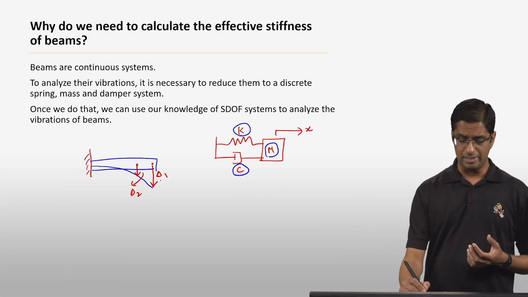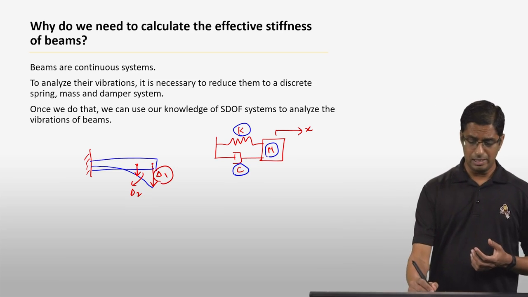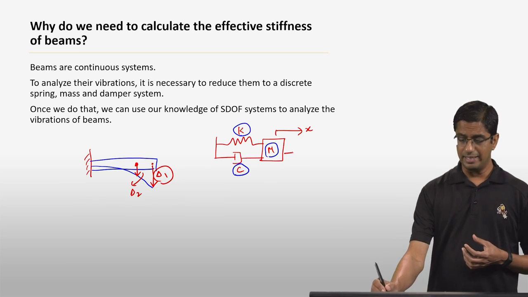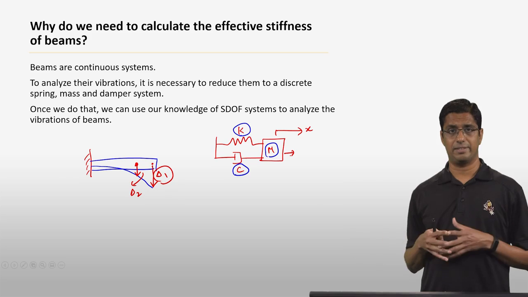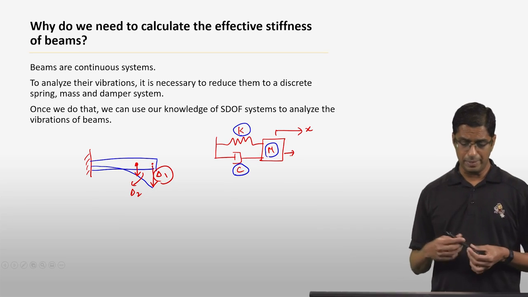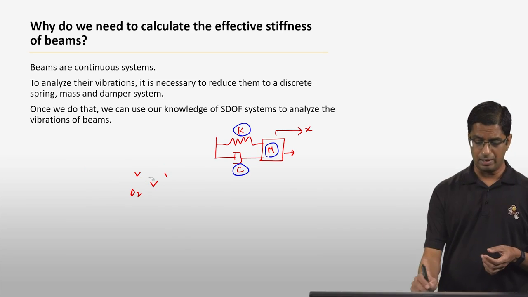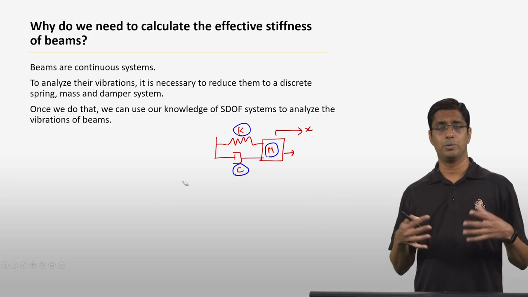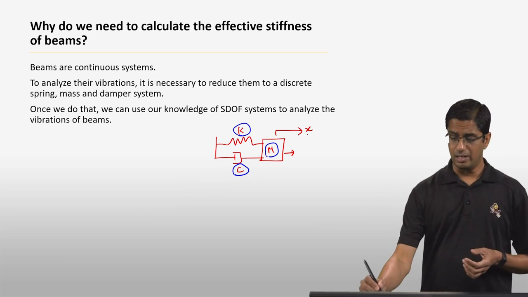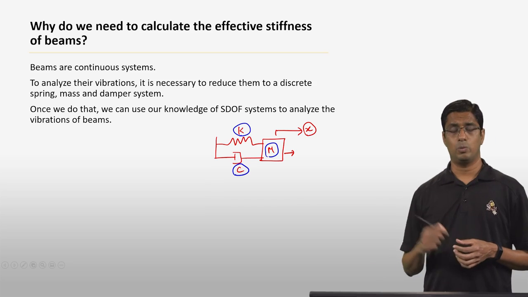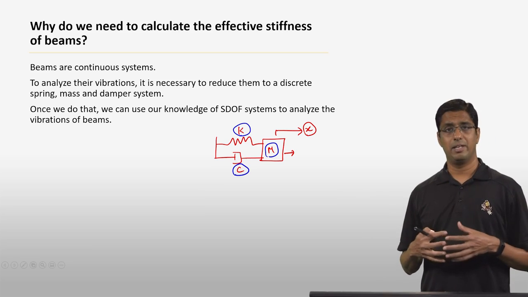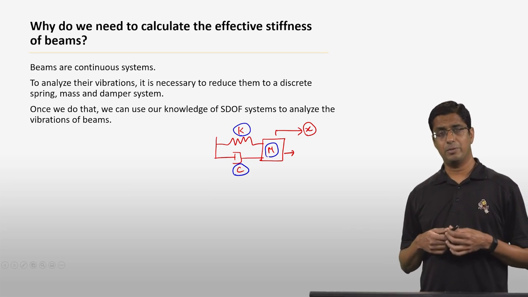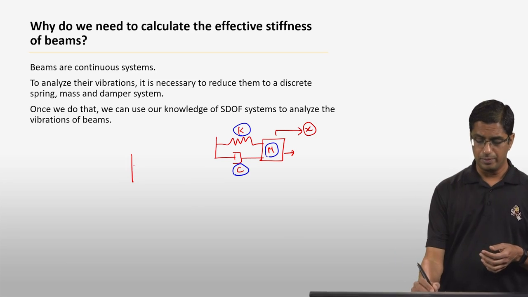If you say it is delta 1, then this part of the beam here is not moving by the same amount, unlike the mass here, where the entire mass is moving by a distance x. Every point in the beam along its length has a different displacement, so this x is not one number or one variable, but is composed of an infinite number of variables. The same thing you can now think about for the stiffness.